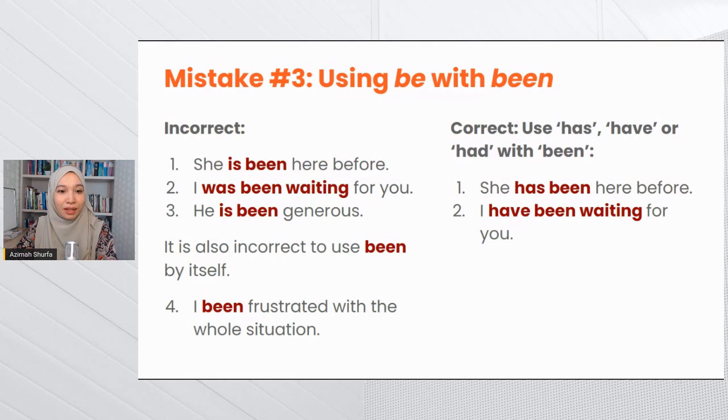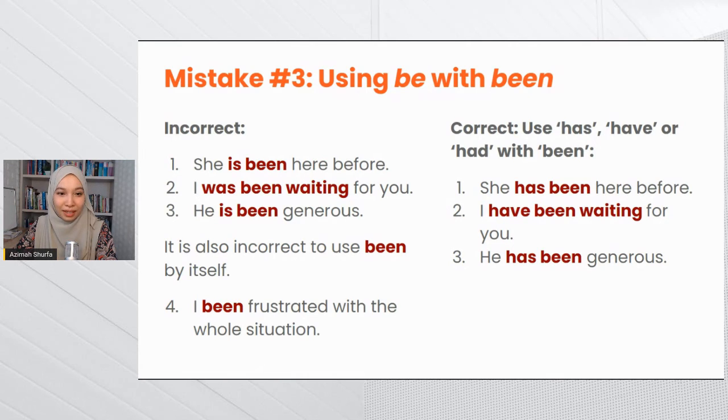I have been waiting for you. Okay. Number 3, he and she, same. So he has been generous.